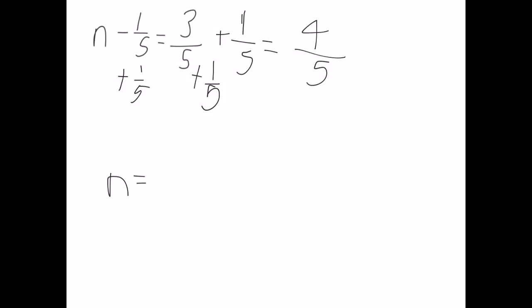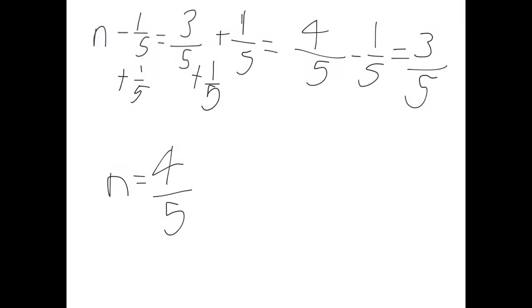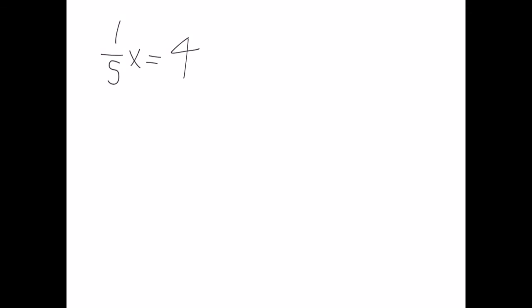Then you do it minus 1 over 5. That would equal 3 over 5. So then your answer is 4 over 5. And then the x is just like multiple, like a number times a number. So then we have to find out.